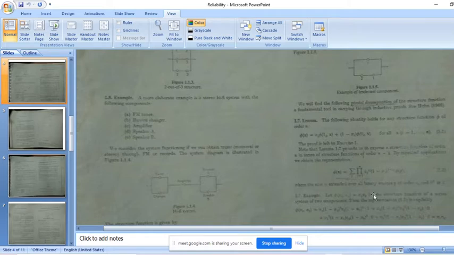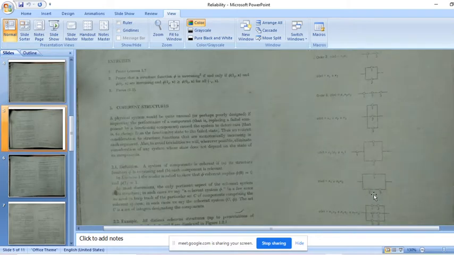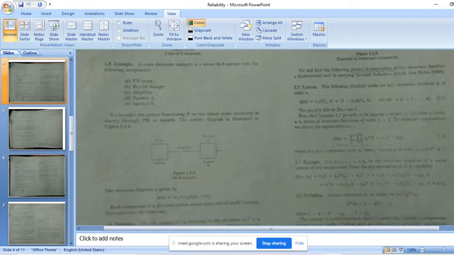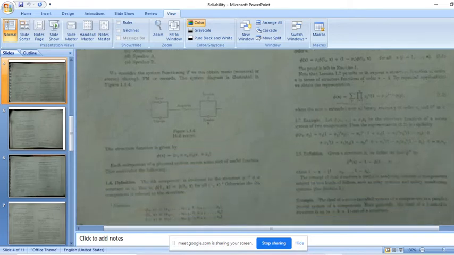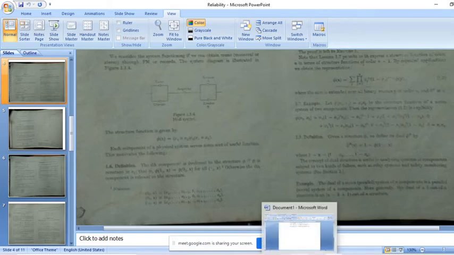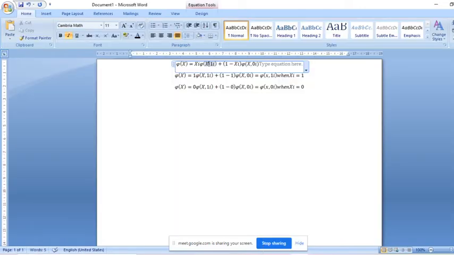Okay, let us leave this part. Here we have an example, and another definition is dual. This concept is the dual concept. What is dual? Dual of a structure function. We can define the dual of a structure function like this.